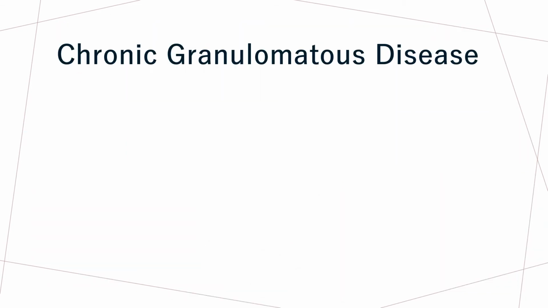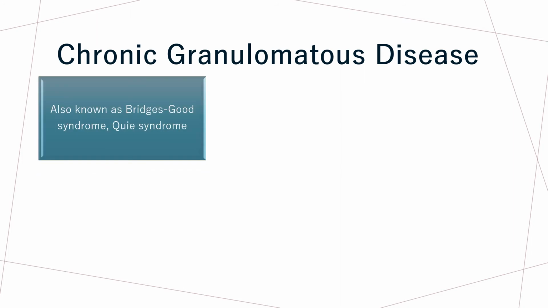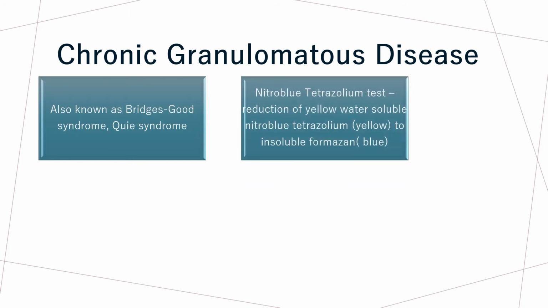CGD, or chronic granulomatous disease, is also known as Bridges-Good syndrome or Quay syndrome. The respiratory burst can be evaluated by nitro-blue tetrazolium reduction in the phagocyte. A yellow water-soluble dye, NBT on reduction, is converted into an insoluble blue formazan.